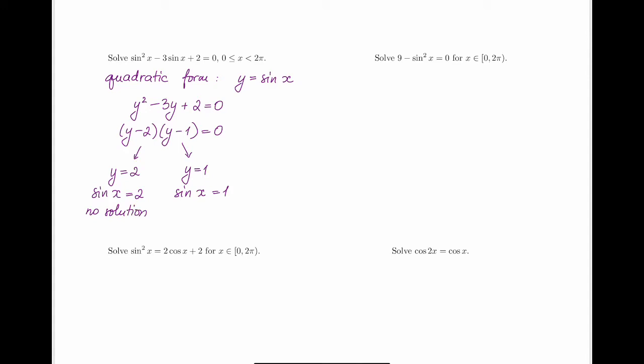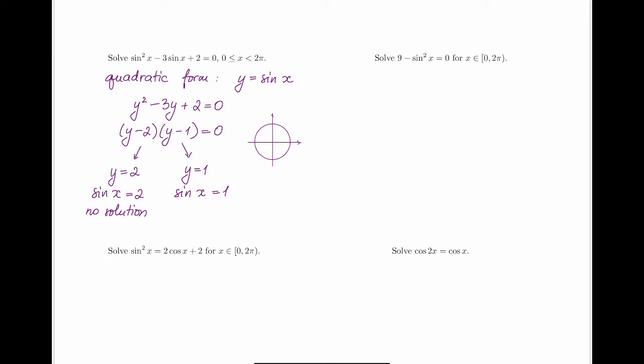What about this side? Here I have sine of x is equal to 1. I am only asked to solve this equation for the first rotation of the unit circle. So pulling up a quick picture of the unit circle here, sine of x is equal to 1 means the y-coordinate has to equal 1.